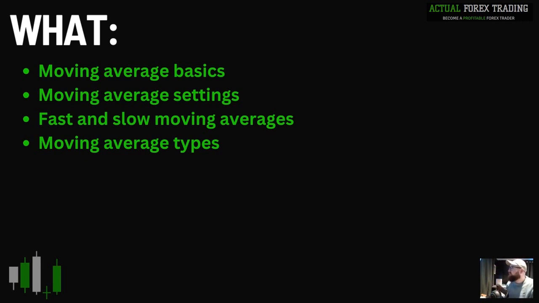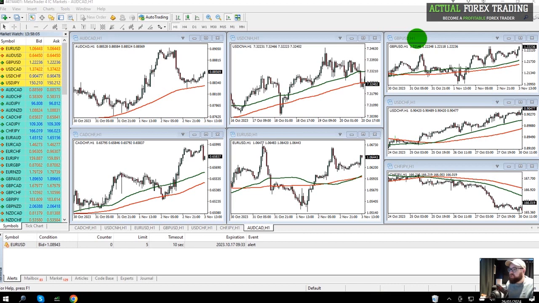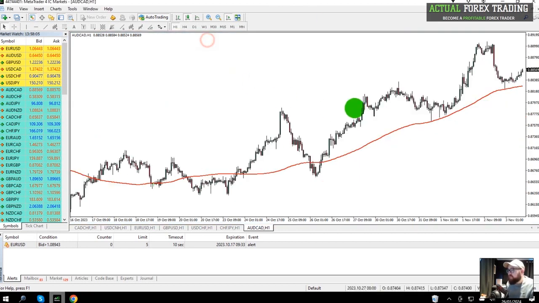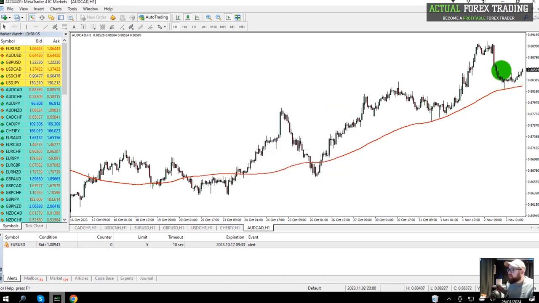Let me demonstrate this. It might make things a lot easier if I bring up some charts and show you. So where are my charts? Okay, here's MetaTrader. This is a moving average of 100. This is taking the last 100 candles, the closing price of those candles, and plotting the average, and continually doing that with each candle close.